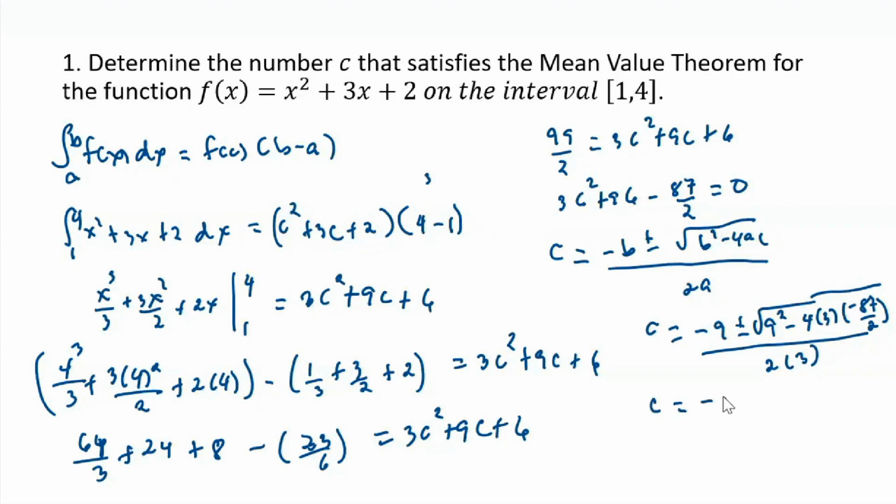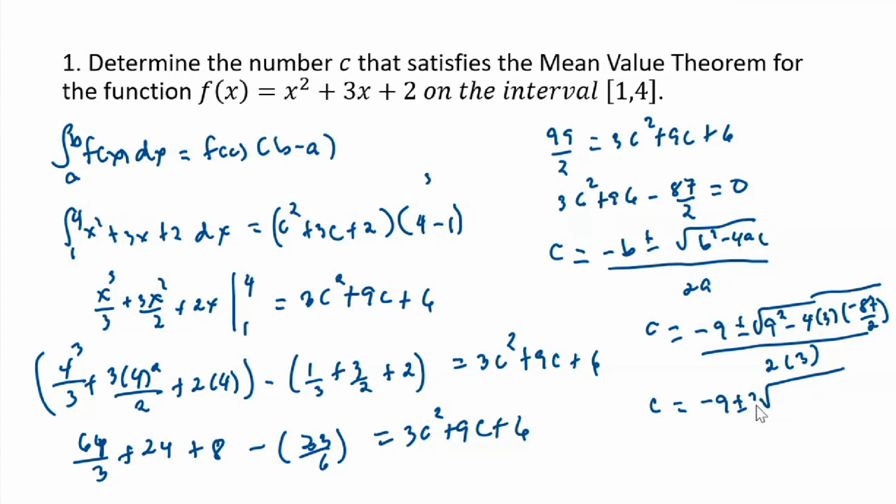Simplifying that, we have negative 9 plus or minus the square root of, let us solve, 9 squared minus 4 times 3 times negative 87 over 2. And that is now equal to 603. And then what is the square root of 603?